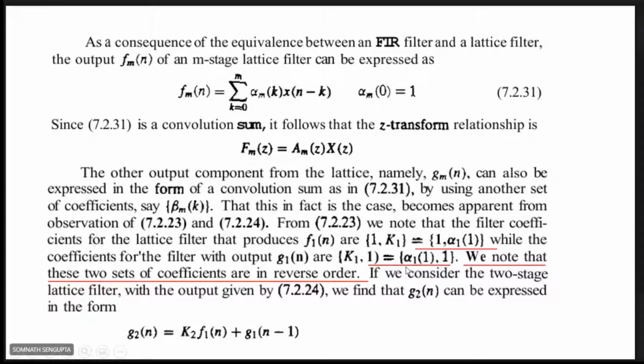But for g1, the second output, the coefficients are K1, 1, because the coefficients are added and multiplied with the original function. So it becomes K1, 1.